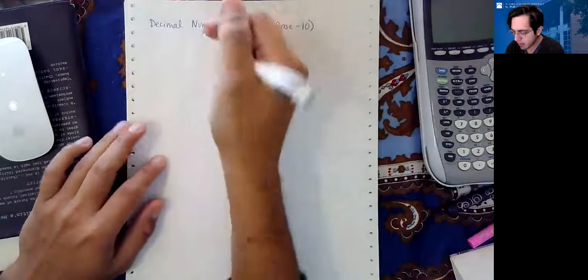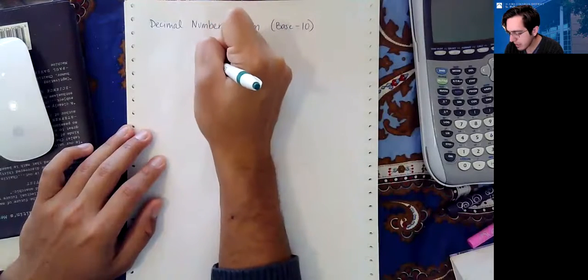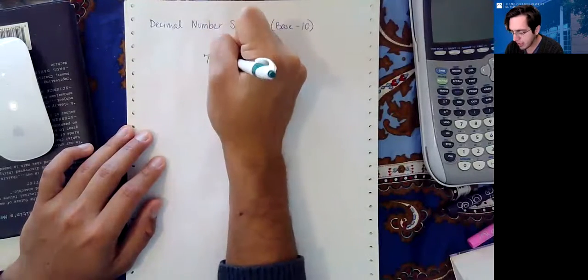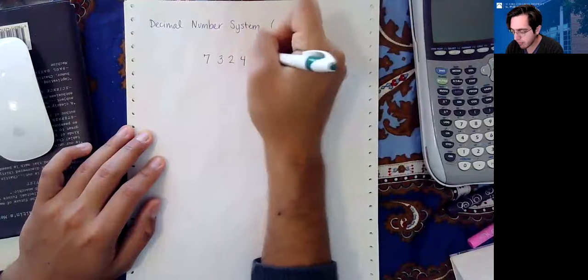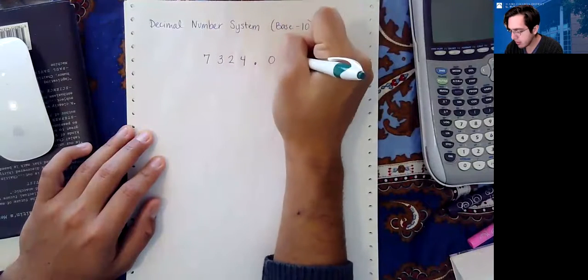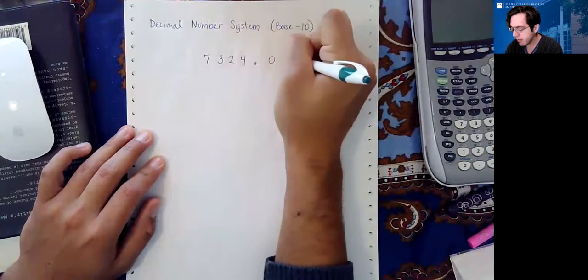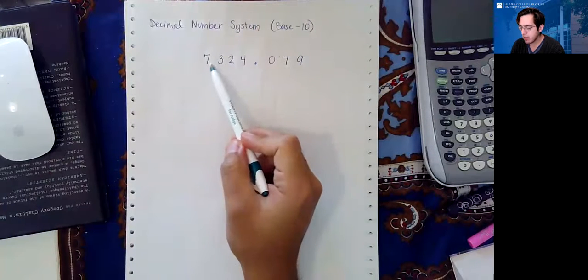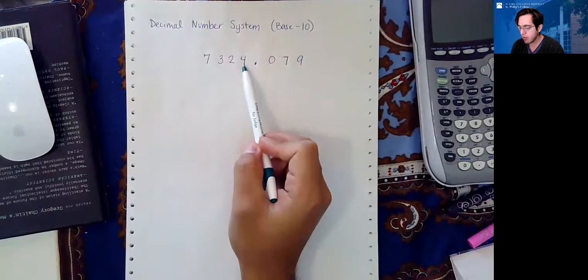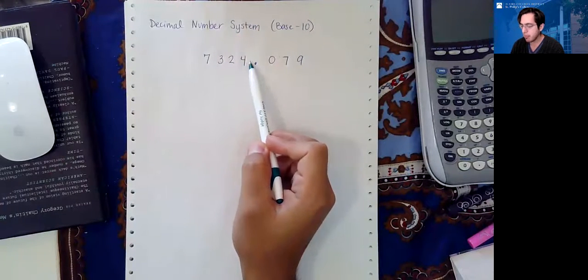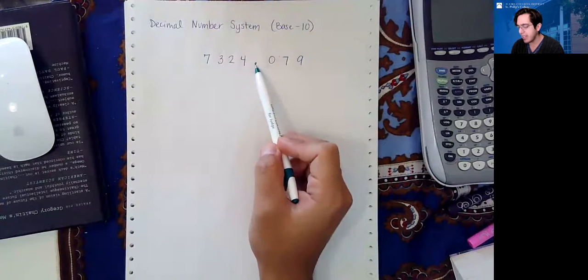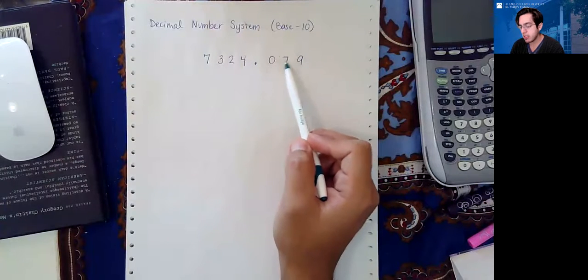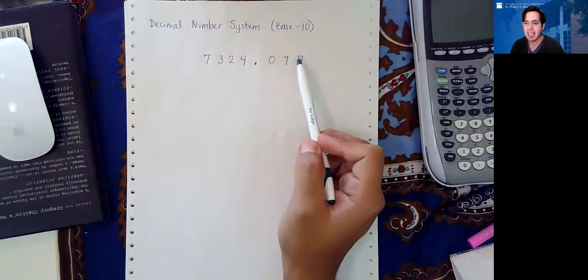But if I were to give you a number like, let's say 7,324.079, you could read this as 7,324 point, or you could say, and this is the tenths, hundredths, thousandths, so you could say 79 thousandths.